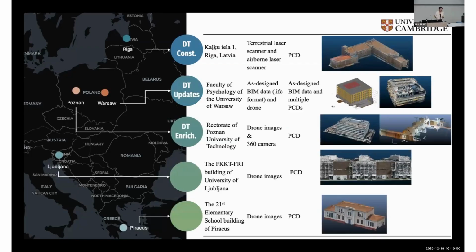For the building pilots here, I mainly focus on three projects, which are digital twin construction, digital twin updates, and digital twin enrichment, which is more detailed and more technical.